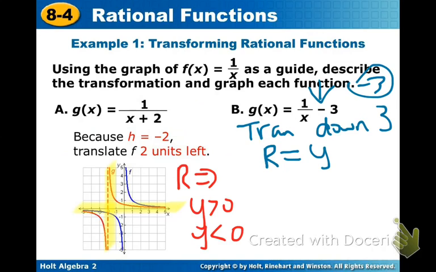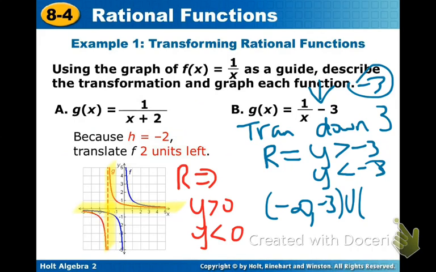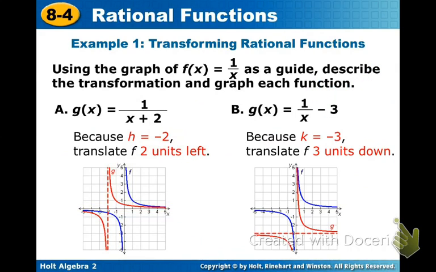So y would have to be greater than negative 3, or less than negative 3. In interval notation, we could do negative infinity to negative 3, union negative 3 to positive infinity. So here's our shift. You see that. Here's the new asymptote at negative 3.